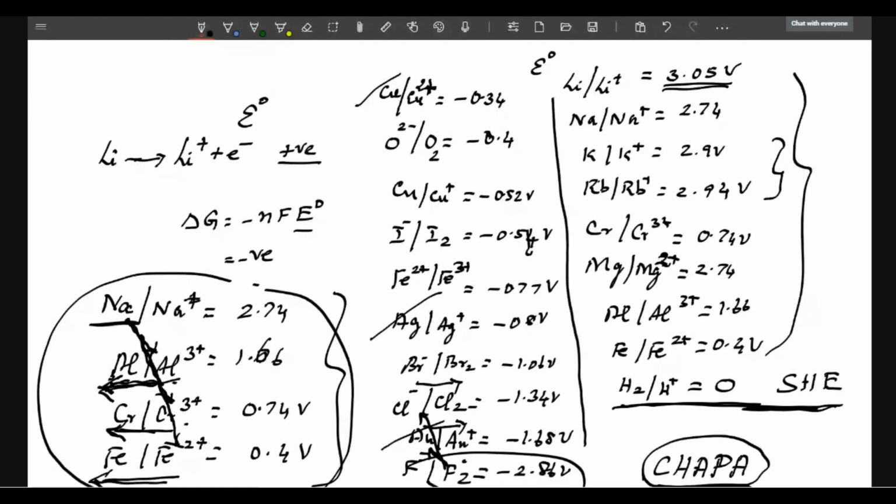It is C for copper, A for silver, H should be lying in between these. Its value should be around minus 0.58. Yeah, in between, mercury is present.